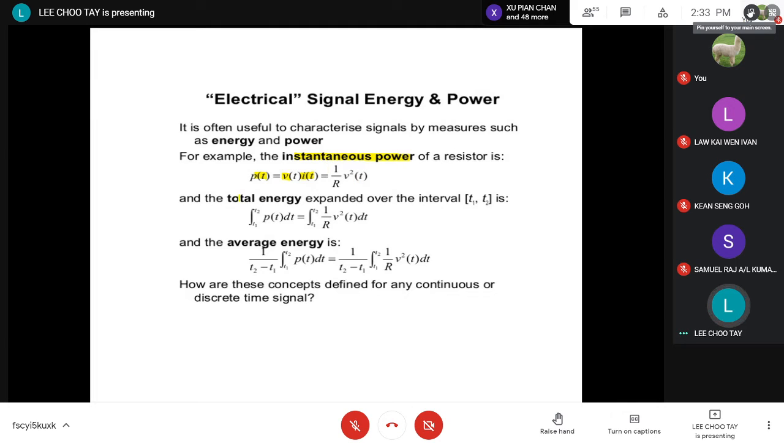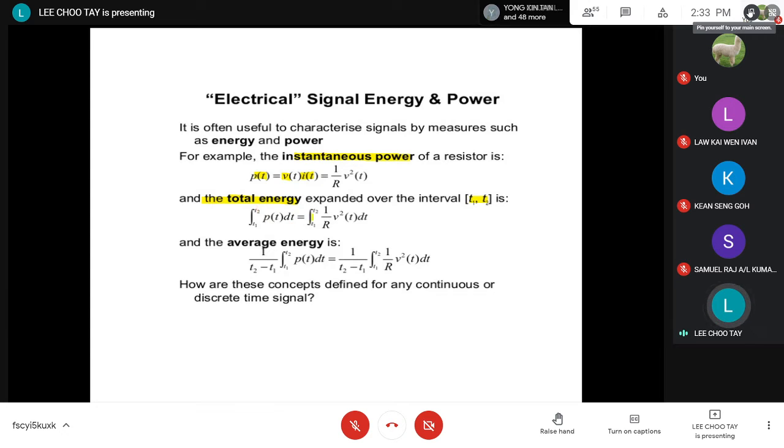And what is energy? If you know the power, to find the energy, basically you need to integrate. If you want to find the total energy between two intervals, T1 and T2, you need to perform integration of the power with respect to time.